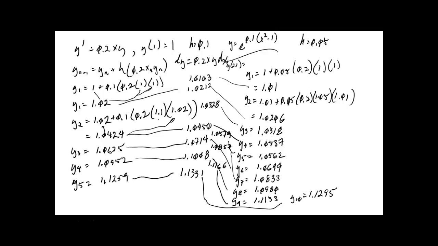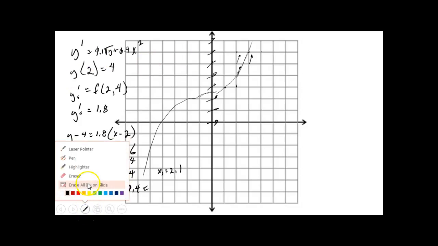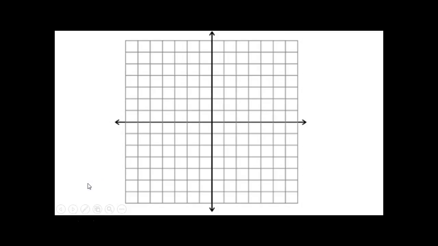And I'll try to duplicate this curve. Clear all this off the screen. Okay. And here's your curve. At 0, 1, and they don't give us any other points. So I'm going to say 4, 5 is approximately on it. 1, 2, 3, 4. 1, 2, 3, 4, 5. Okay.